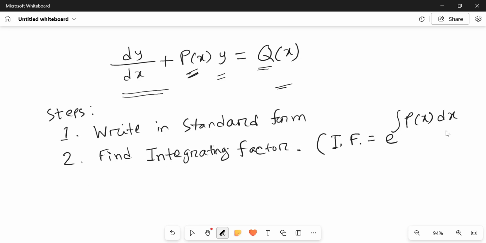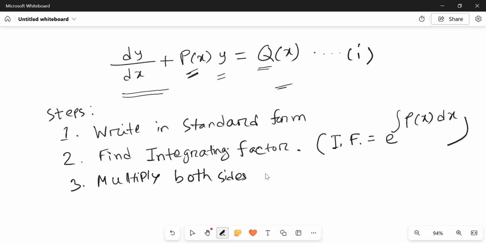And after finding the integrating factor, suppose this is our equation 1, then we have to multiply both sides of 1 by this integrating factor.